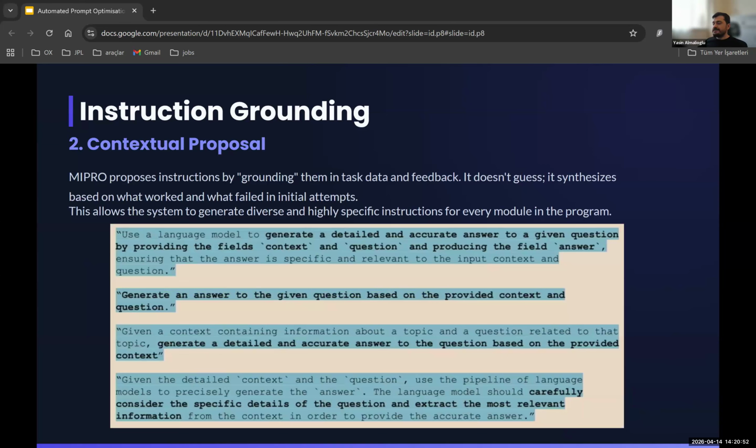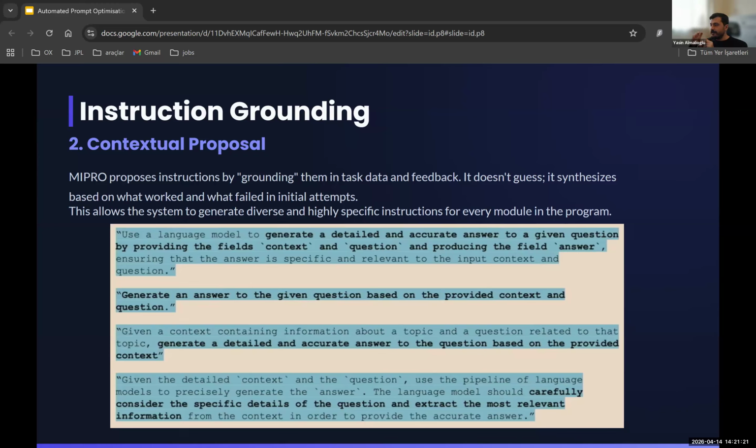The second part is about this contextual proposal. The optimizer doesn't just guess the instructions. It uses an instructor LLM, and this LLM reads the data set and identifies the common failure modes to suggest fixes.